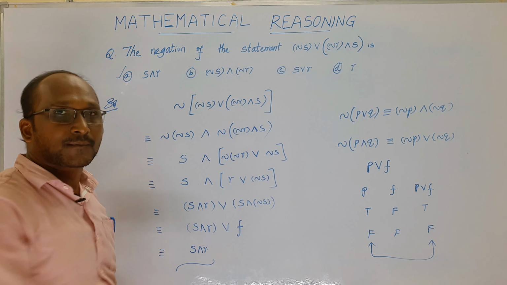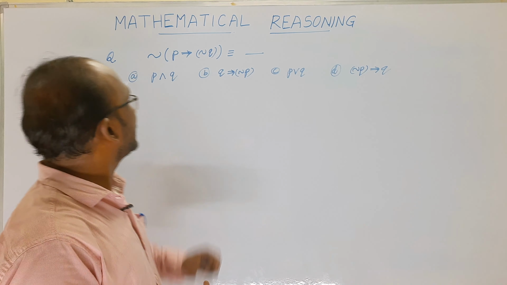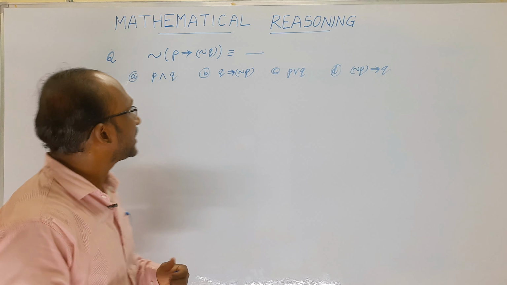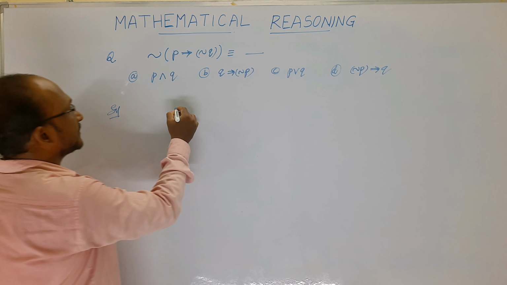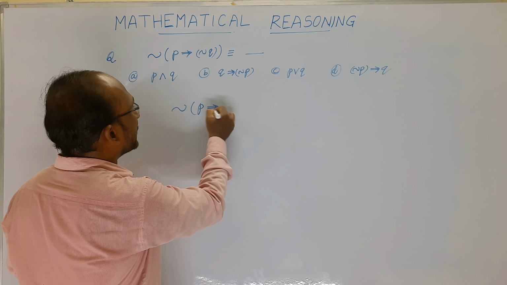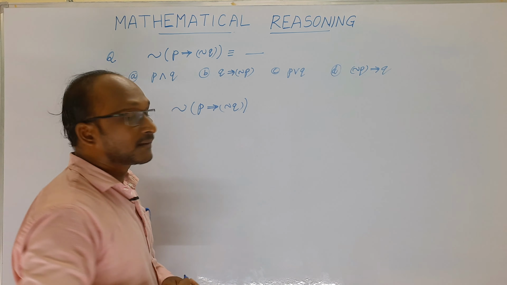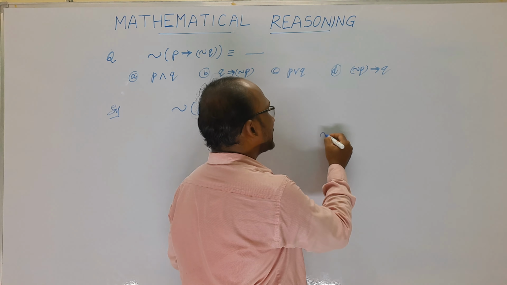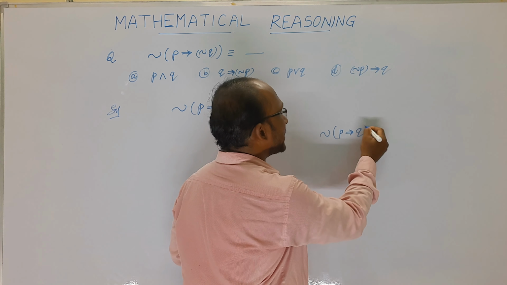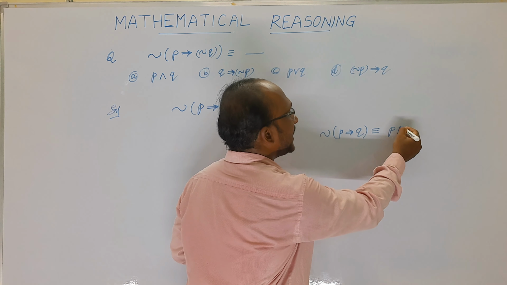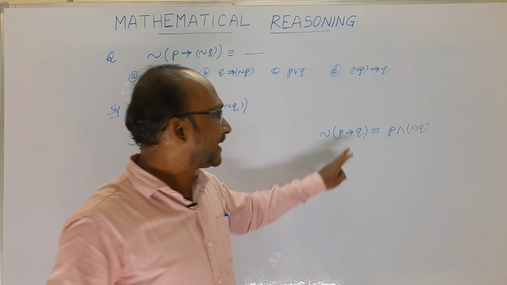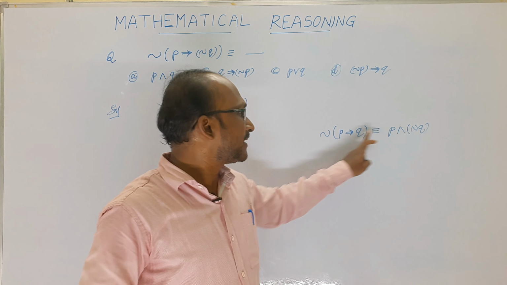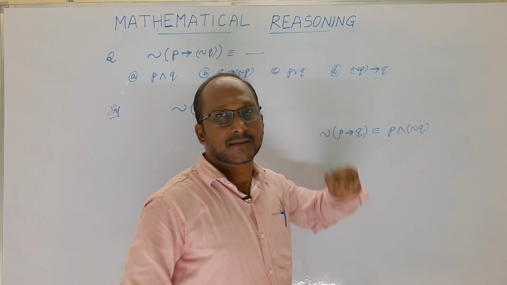That is the first option. Students, the next one: negation of P implies negation Q is equivalent to dash. Now let us find out its negation. That is negation of P implies negation Q. But we already discussed the negation of the conditional. That is negation of P implies Q is equivalent to P and negation Q. Here the first statement P remains the same, implies becomes and, and Q is given negation.